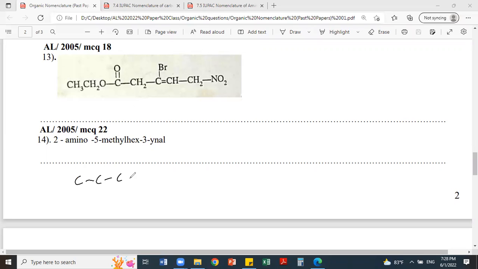1, 2, 3, 4, 5, 6. So hexane, 6 carbon, number 1. And then inal, the aldehyde group is at the terminal.